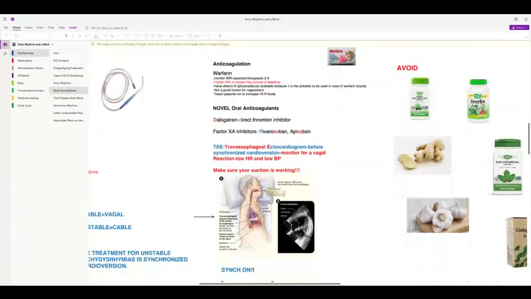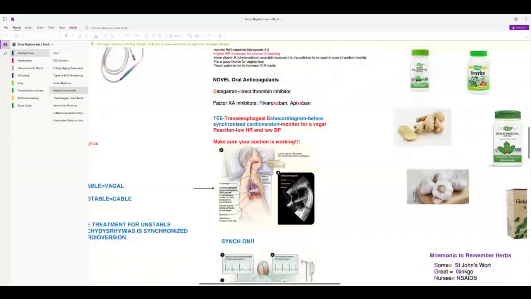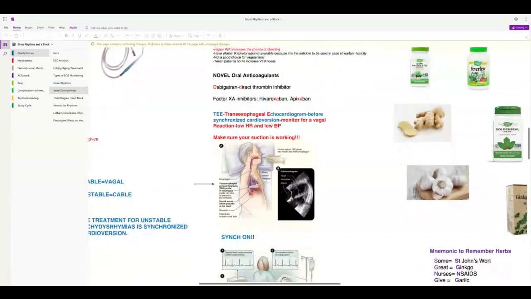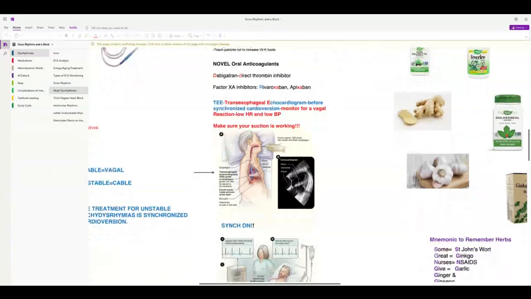and they can eat whatever they want. This was the transesophageal echocardiogram I was talking about before. So your patient would have to have this done if they had AFib, okay? And I see them do it on everybody, even patients in new AFib, but it's to make sure they don't have a clot. So monitor for vagal reaction during, because they're putting this down their throat.